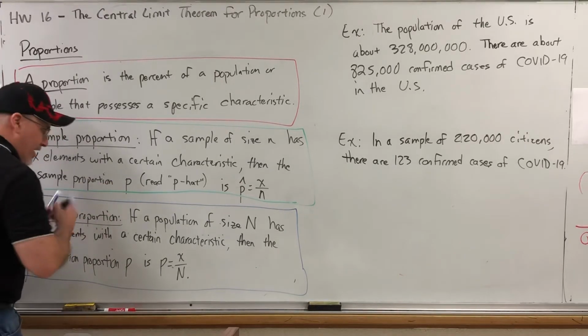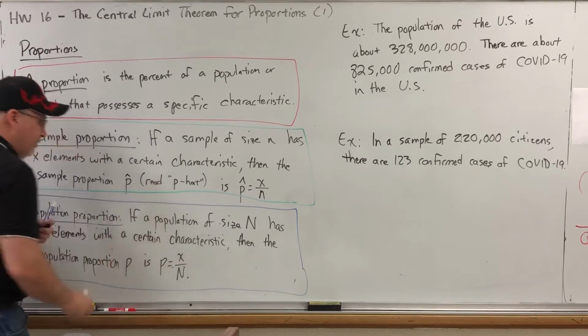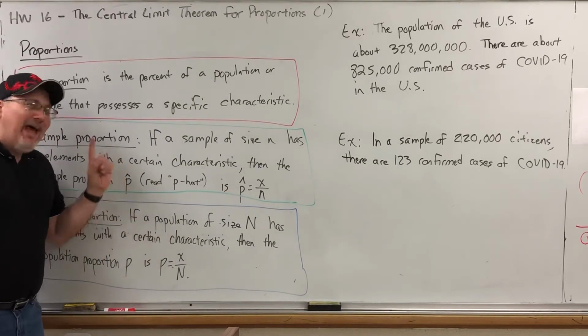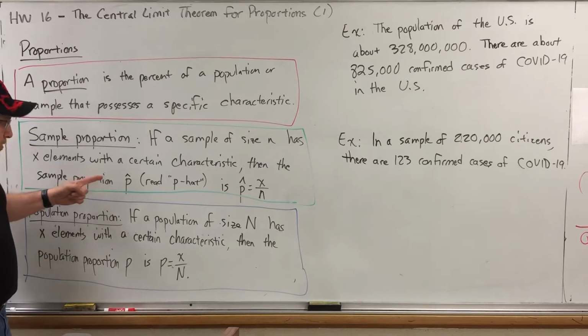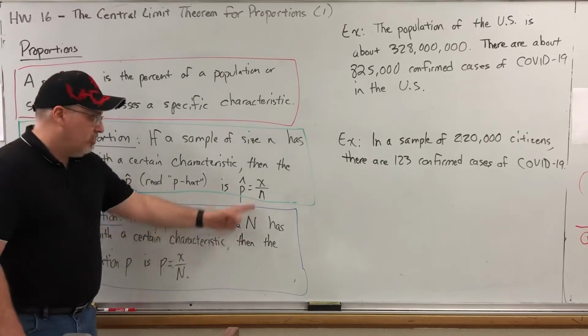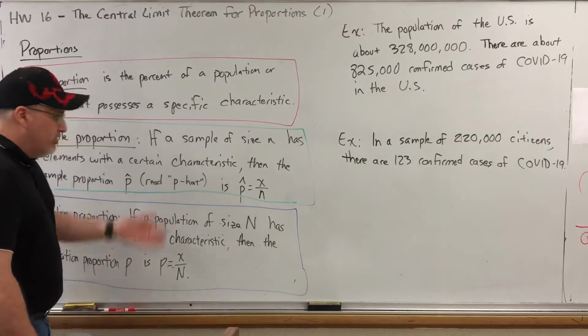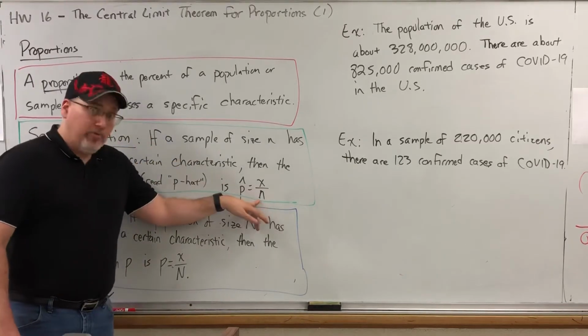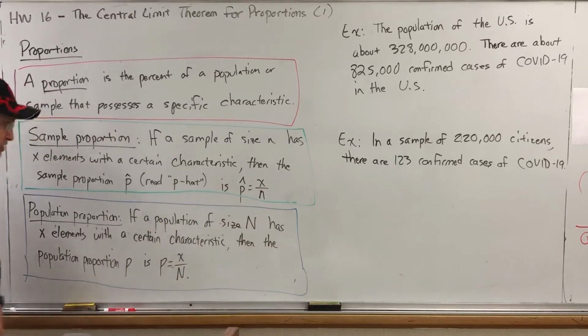It looks like a little arrow pointing up, sort of. But the variable for sample proportion is read p hat. So p hat is just x over n. In other words, how many of your sample have the characteristic divided by the total number in the sample. So you just make a percent.